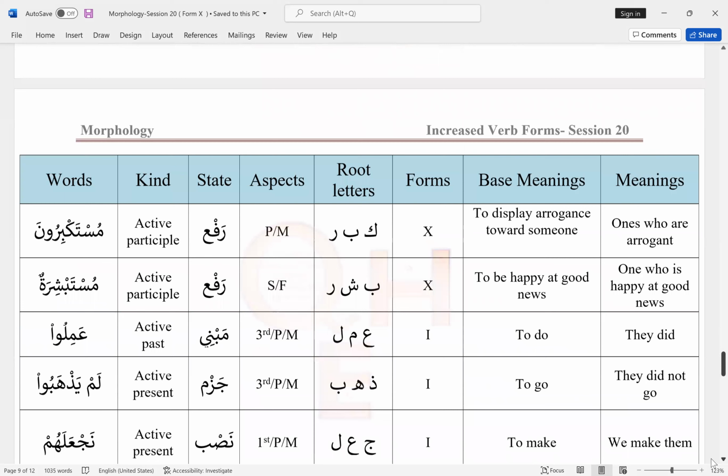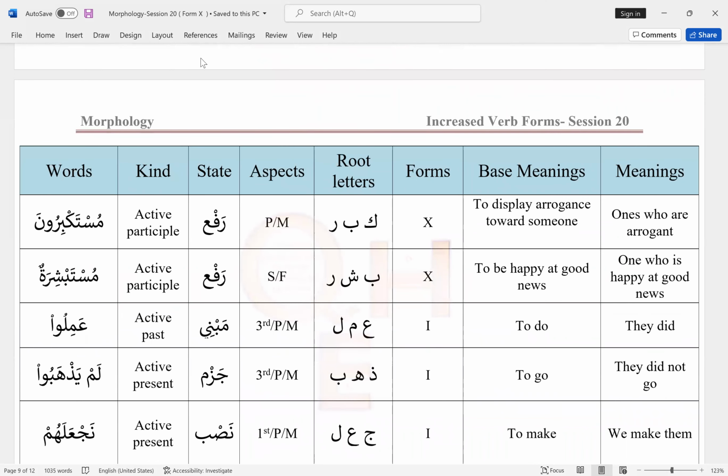The next word is mustakbiruna. What does it match with? We're going to simplify and stop here to match with the singular form. Mustakbiru matches with mustansirun. So this is active participle.